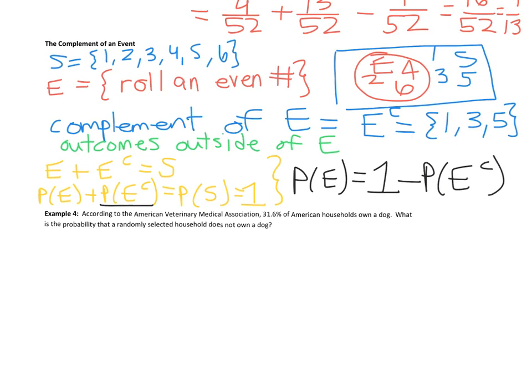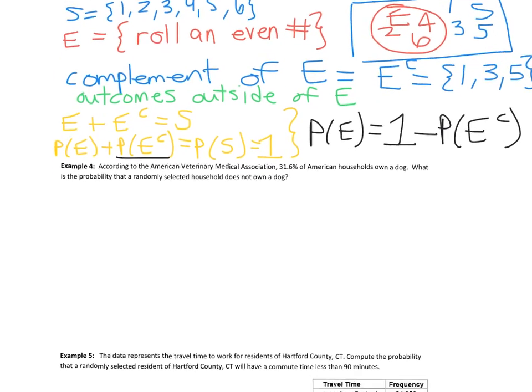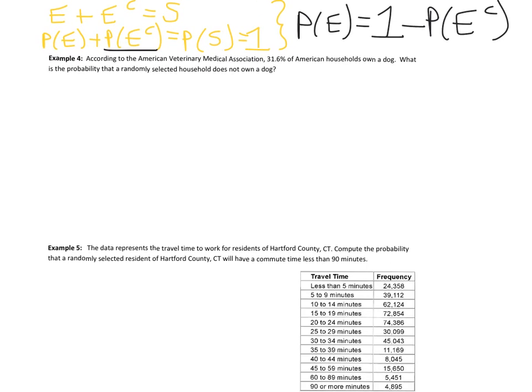All right, so let's see this in action. It's more intuitive than the formula. For instance, according to this association, 31.6% of Americans own a dog. What is the probability that a randomly selected household does not own a dog? Well, it's the opposite, right? So I think very intuitively, we would know that it has to be the rest of the population.